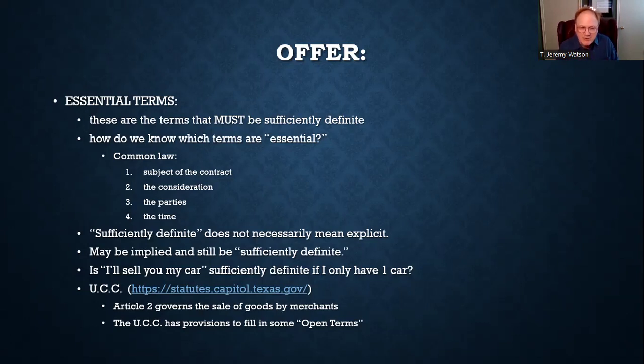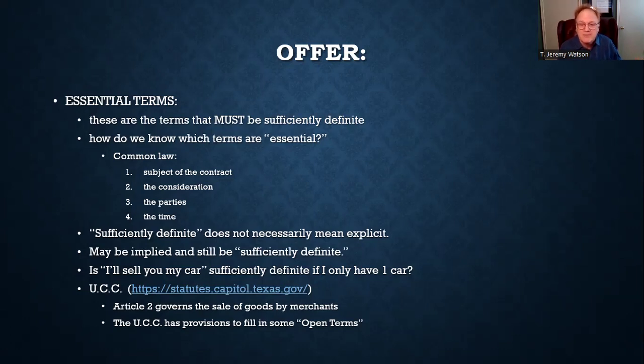Under the UCC, remember, Article 2 is what we're talking about. Article 2 of the UCC governs the sale of goods by or between merchants. By or between merchants. The UCC, instead of just leaving it up to the jury to decide, well, were there observable facts from which we can decide that the parties reached the same agreement, right?